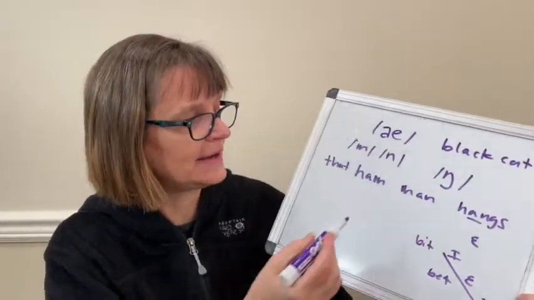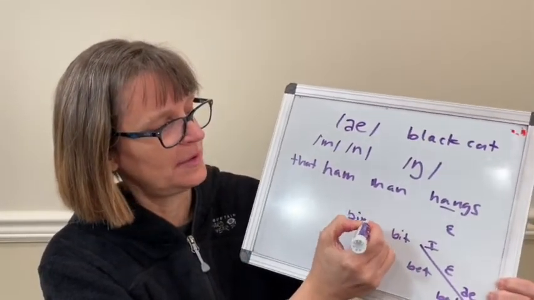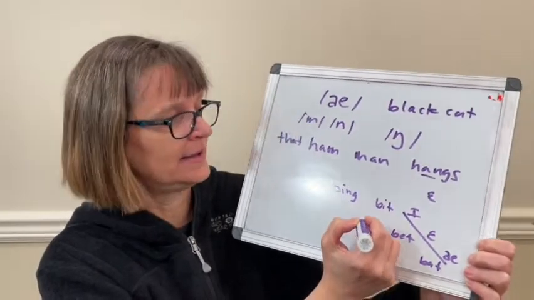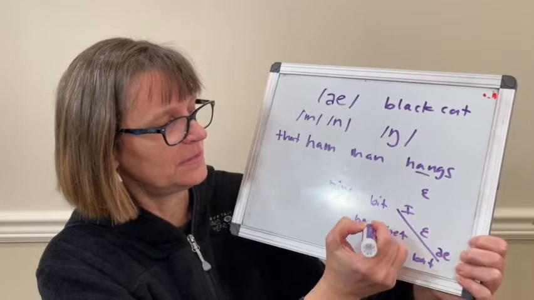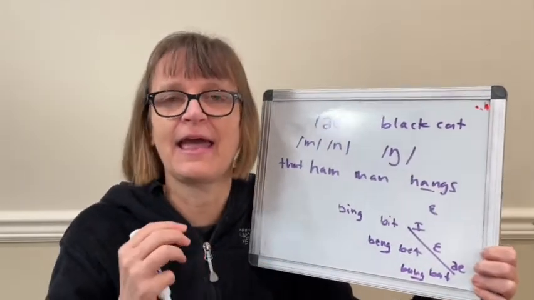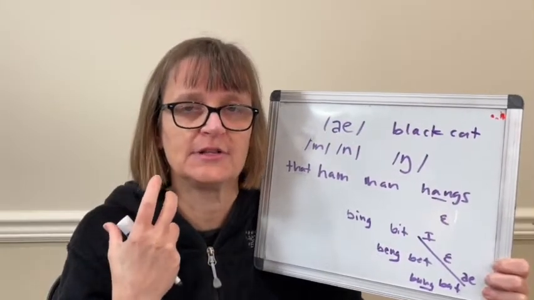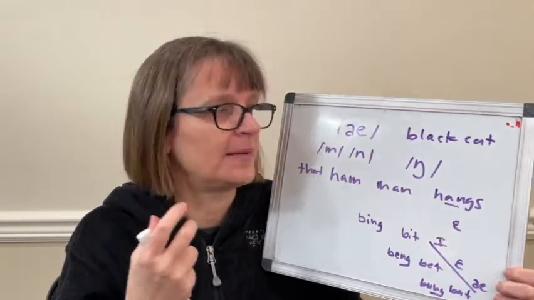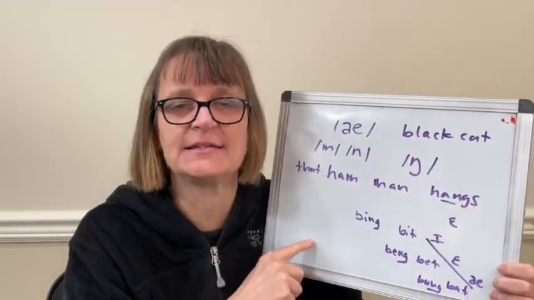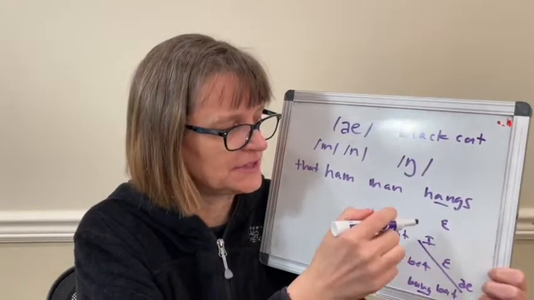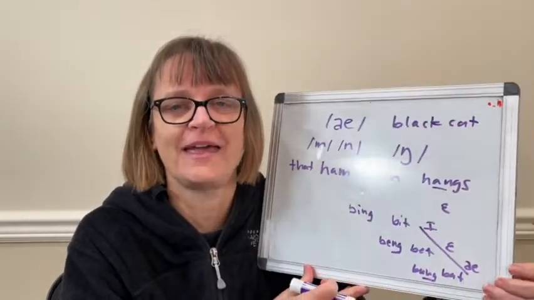Then when we add ng, if I had, for example, bing, bang, it's still the most open for the ang, but you can hear how that vowel gets a little bit nasalized, and it sounds quite different. So if I'm saying cat, bang, you can hear that it sounds a little bit higher and more nasalized for the ang sound.